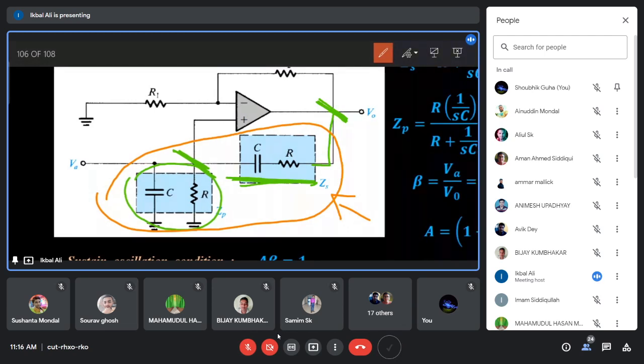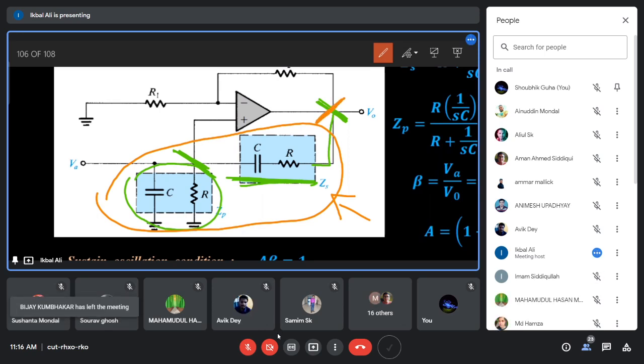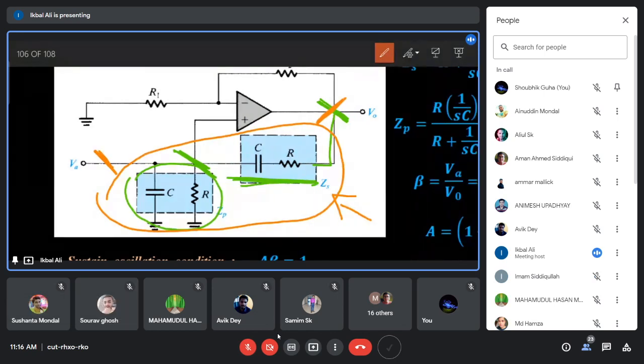You only have passive circuit elements like resistance and capacitance. This beta network is connected at this point, which is the output of the amplifier, and at this point, which is the input of the amplifier. That part of the circuit is the beta network.